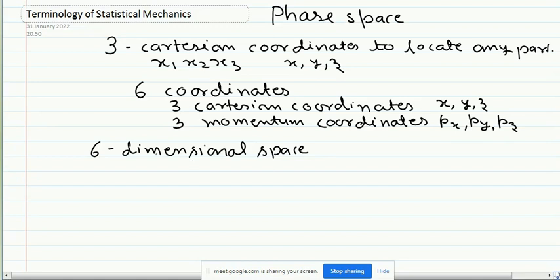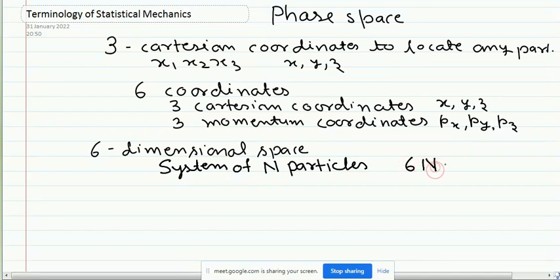So suppose we have a system of n particles, and therefore in total we will have the 6n dimensional space.